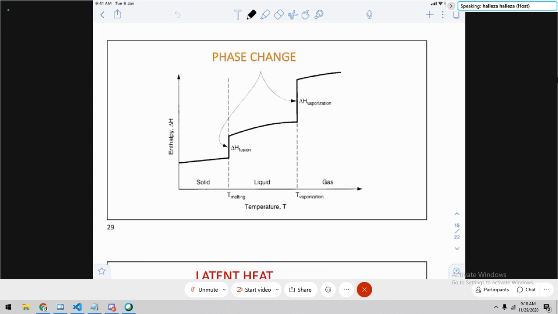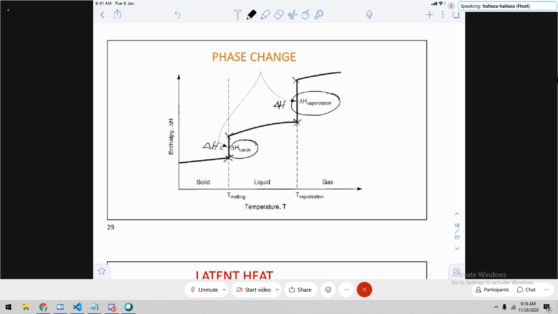So let's look at this diagram. This is a phase change. You start from solid, you end up being liquid. So the change in enthalpy equals the enthalpy of melting or fusion, depending on which direction you're going. If you are going from liquid to gas, that will be the change in enthalpy of vaporization.